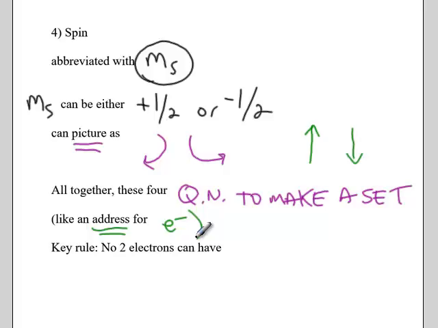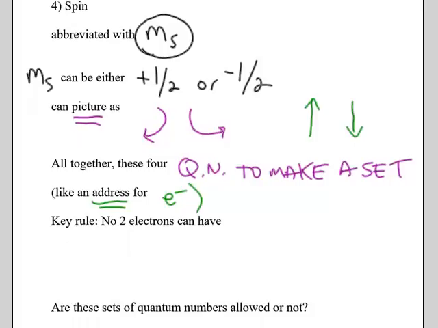And when we make our set, there is a key rule, which is no 2 electrons in any atom can have the same set of 4 quantum numbers. So if we have an atom, let's say it has 82 electrons, all 82 electrons have to have a unique set of n, l, m sub l, and m sub s. They could have 3 of the 4 be the same, but the 4th one has to be different.